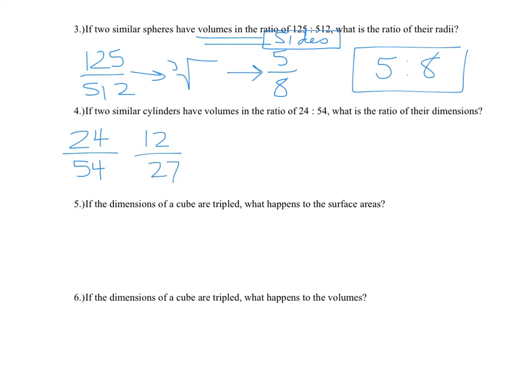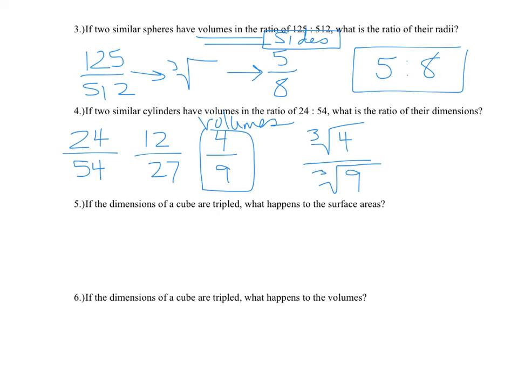I can divide again by 3, and I'm going to get 4 to 9. So we can use this as the ratio of the volumes. And we want to take the cube root of these numbers to get the ratio of their dimensions.